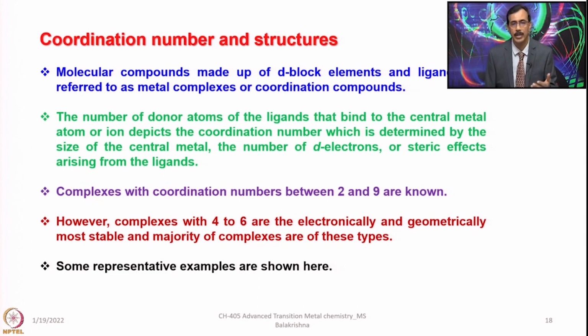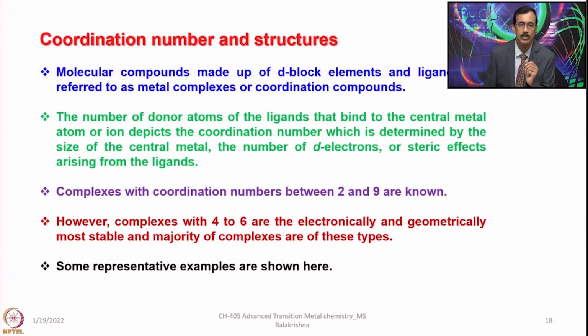When we look into various coordination numbers, complexes with coordination numbers between 2 to 9 are quite well known, with not only 3d but also with 4d and 5d. Of course, in case of 3d, because of smaller size, the maximum coordination number we can look for is 6, mostly with octahedral geometry, and in some cases we may have different geometries, which we will discuss later.